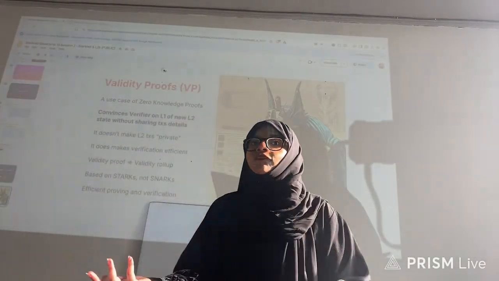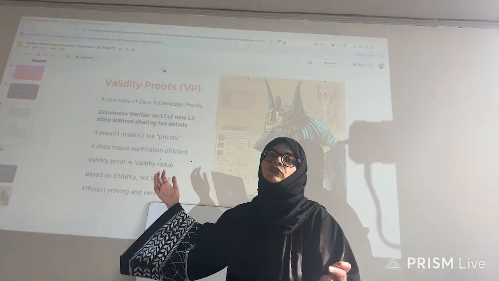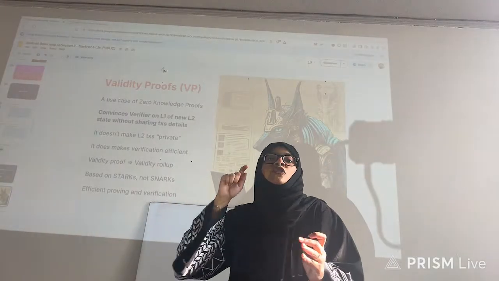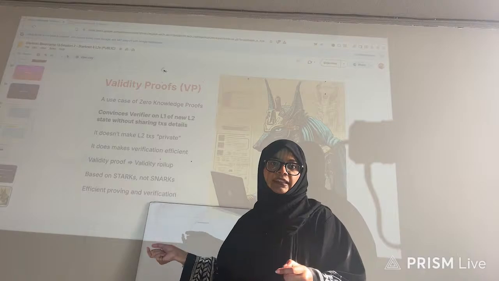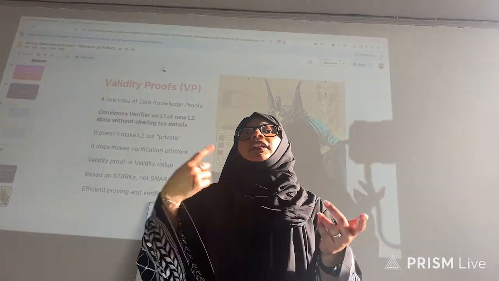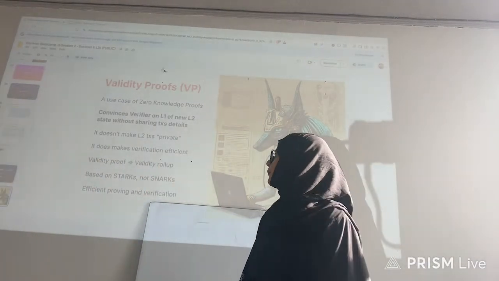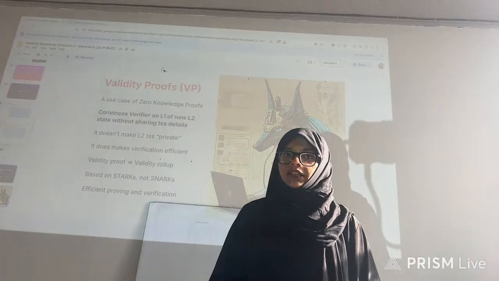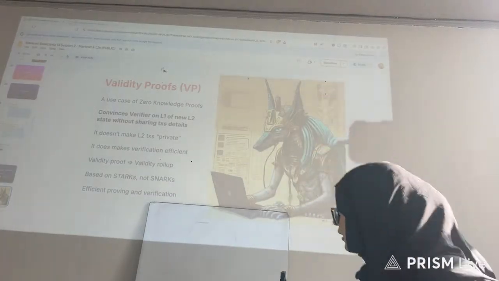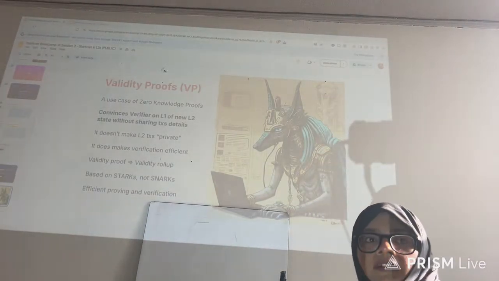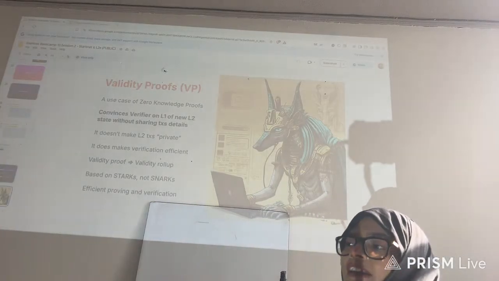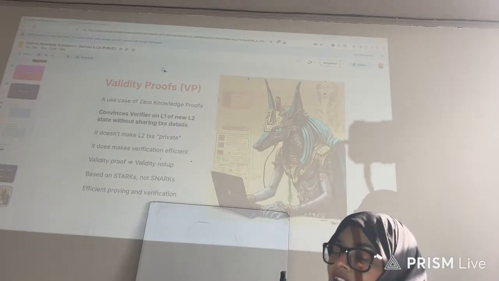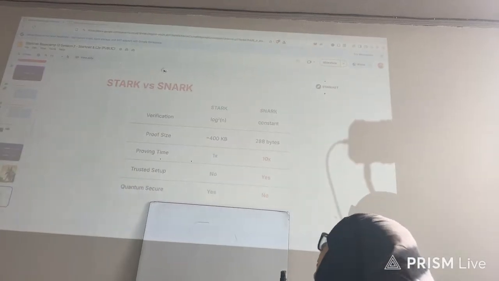Otherwise, you don't need fraud proofs, it just takes a week to reach L1 finality, right? So validity proofs may be more computationally expensive, but they are more efficient in terms of execution and validation. In validation, it requires less time also, and sometimes you need to let go of one thing to achieve the other.